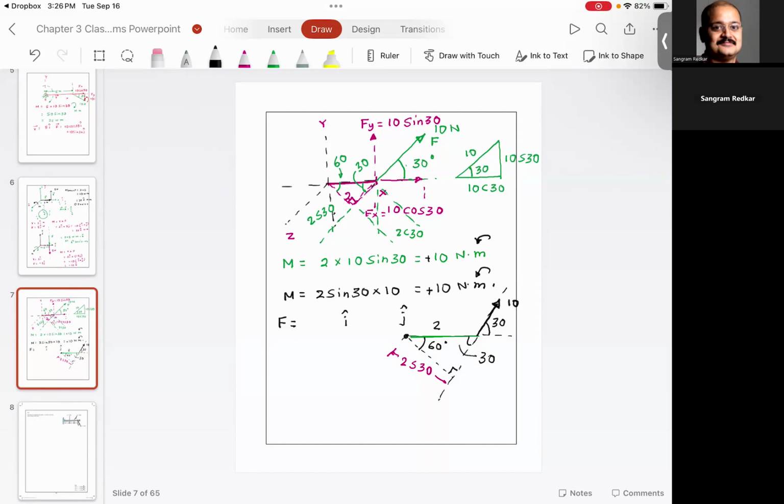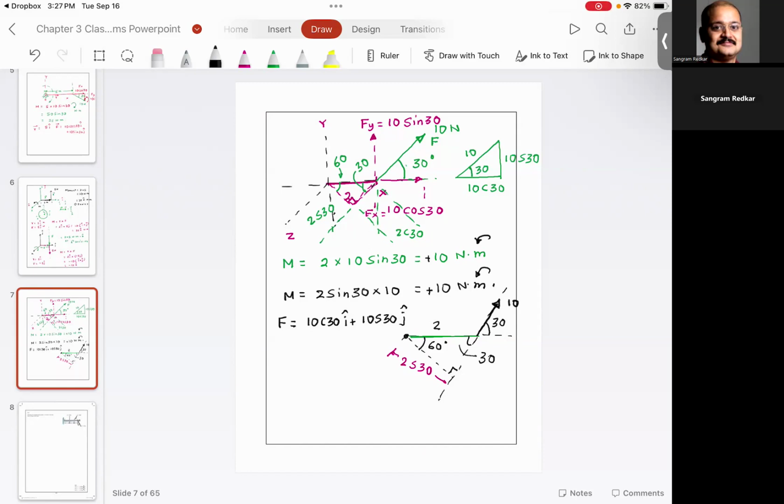Horizontal component of force is aligned with the i component. So can I say this is 10 cosine 30 i plus 10 sine 30 j? You agree with me? So 10 cosine 30 is the horizontal component of force in the positive i direction, and 10 sine 30 is the vertical component of force in the positive j direction.